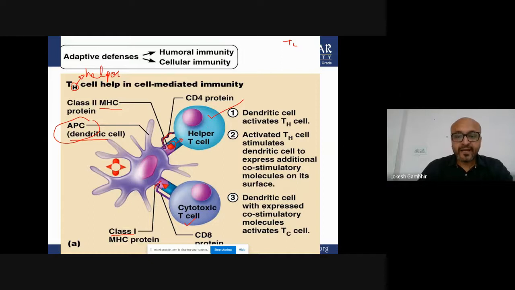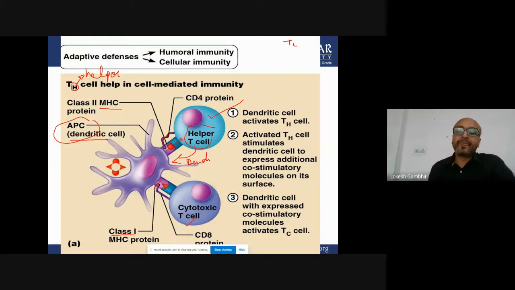Now, this activated T helper cell will stimulate this particular dendritic cell, and the dendritic cell, after getting stimulated by the helper cell, will initiate the binding of the cytotoxic T cell.